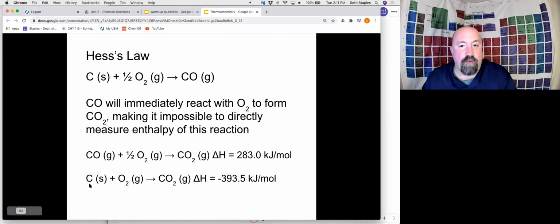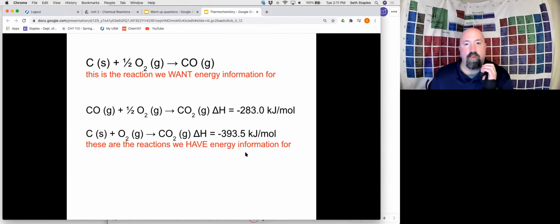We also know the overall enthalpy for carbon plus O2 making CO2, so we know the enthalpy for the synthesis of carbon dioxide. We know both of these. What this leaves us with is the reaction that we want energy information for: the synthesis of 1 mole of carbon monoxide.